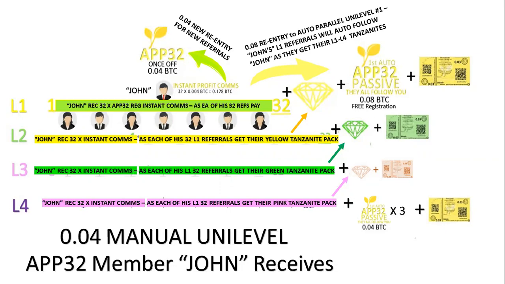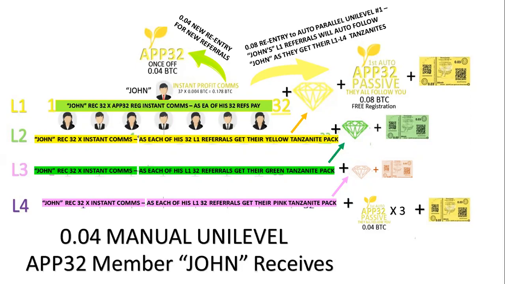Plus, you get an automated entry in that parallel 0.08 Bitcoin uni level, and you get the ad shop vouchers. And don't pay attention to the values of these vouchers over here. It's just illustration. I'll show you the value of the vouchers in a moment.